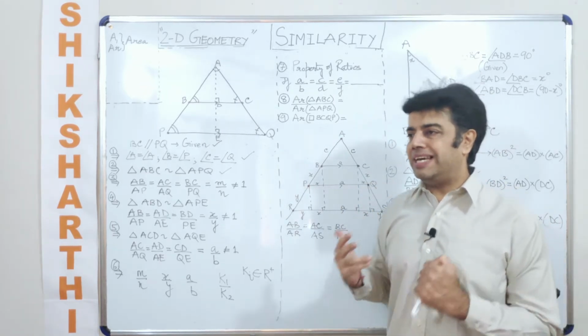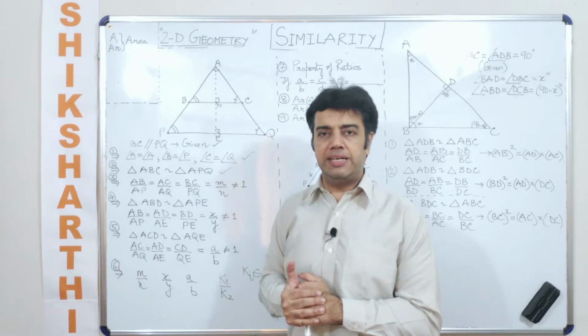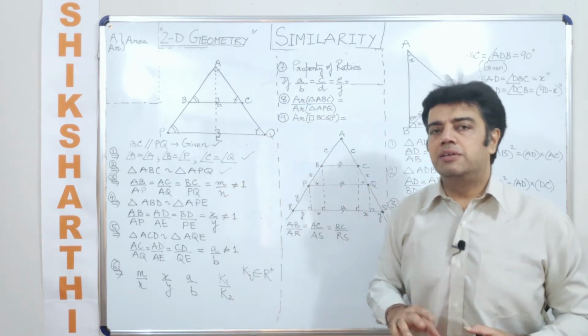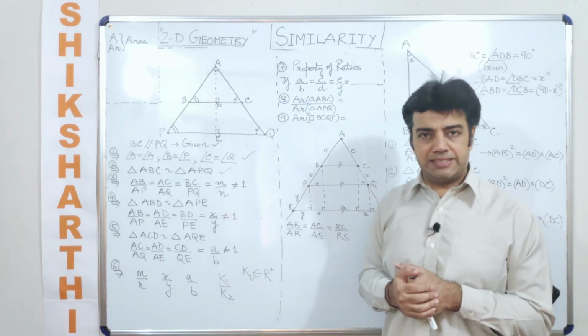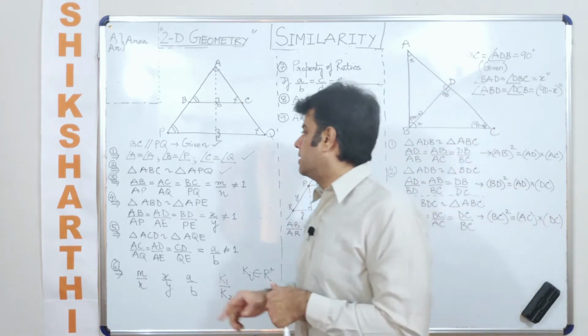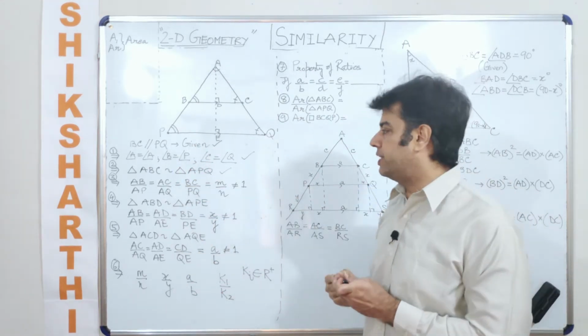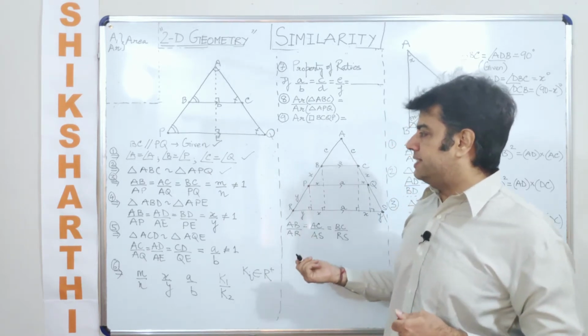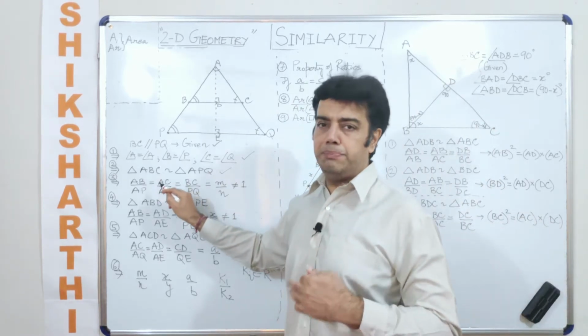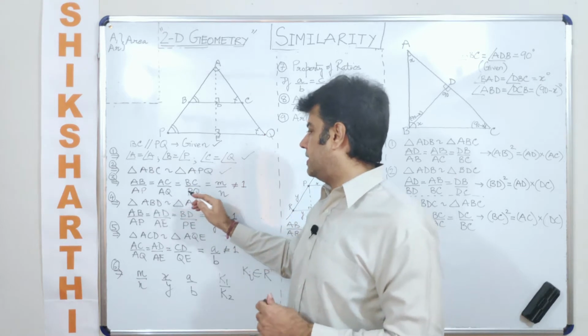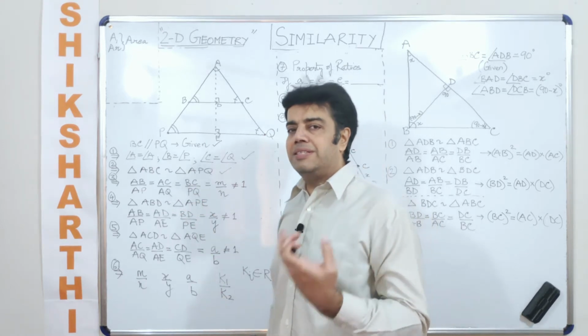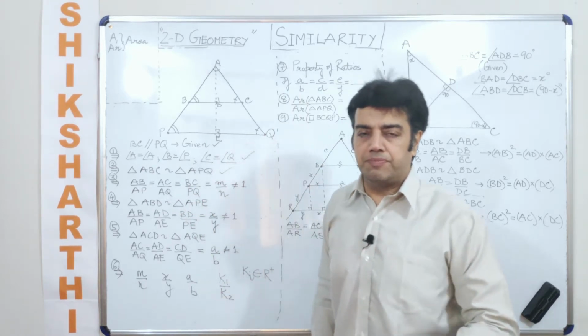So you cannot use any test of similarity other than the double A, better known as the triple A test. Once you establish this, we can establish the BPT theorem, or the sides ratio theorem.